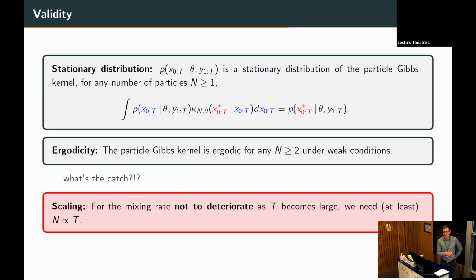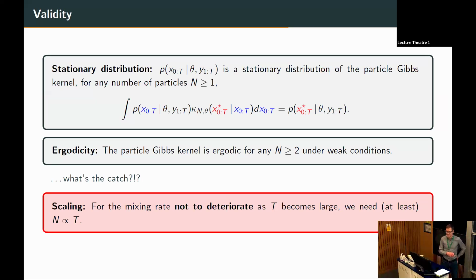If you don't have any mixing in your state space model to begin with, then I would say that this should be exponential, because then you're essentially doing very high dimensional importance sampling on these state trajectories that don't have any forgetting. So in the best case it will be linear.